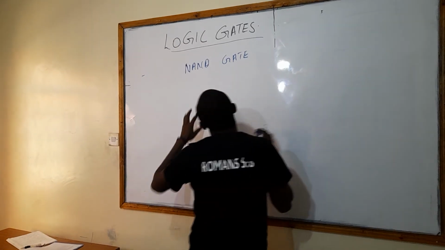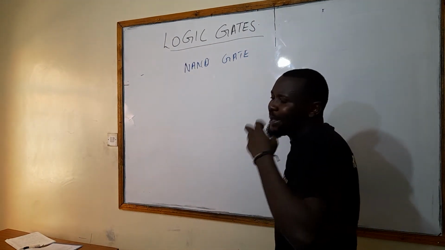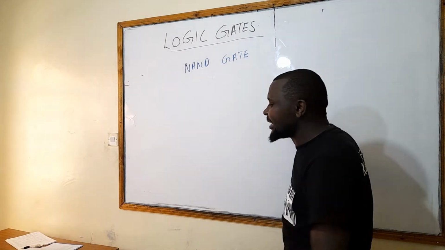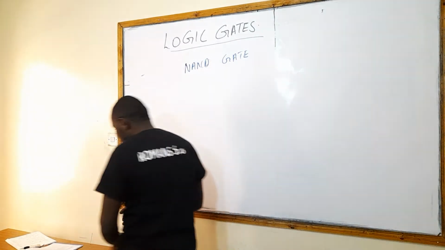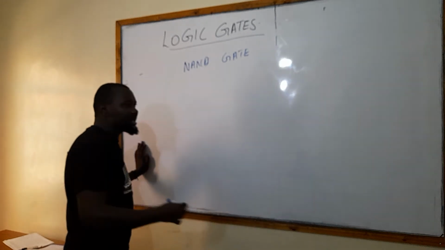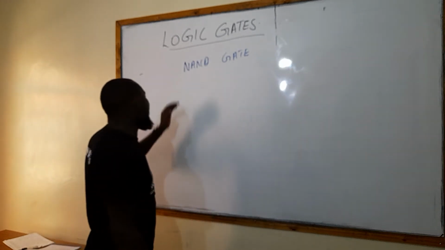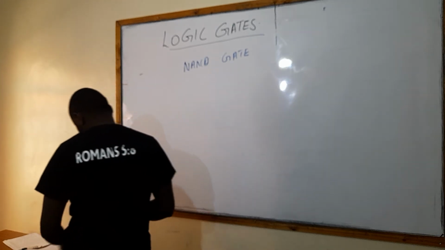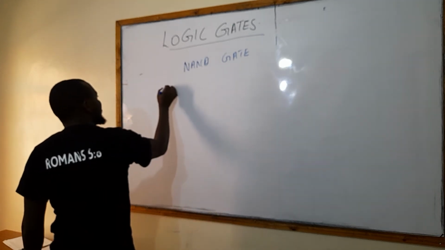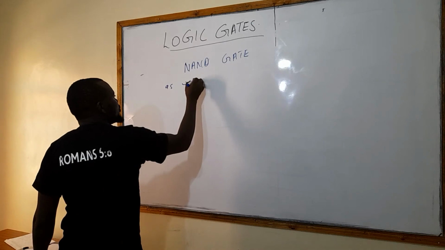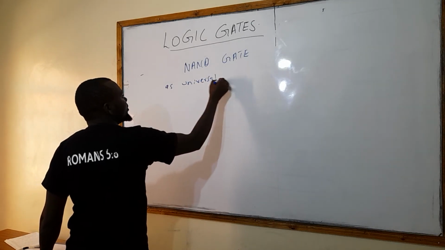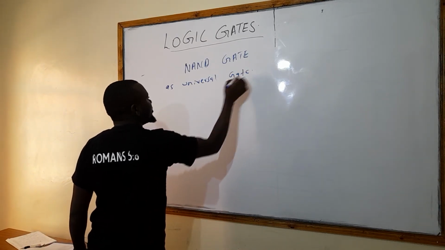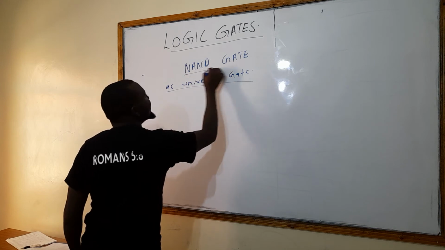Now, how are you going to use these NAND gates to implement other basic gates? And that's why we can call a NAND gate a universal gate.